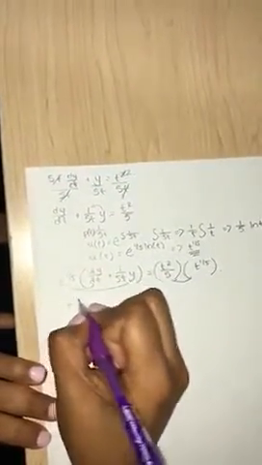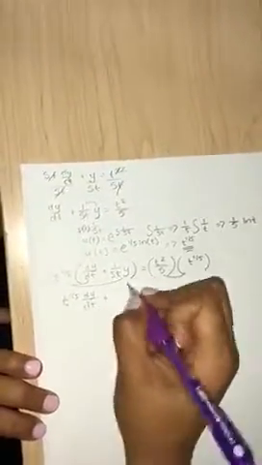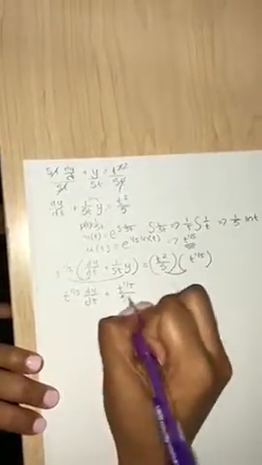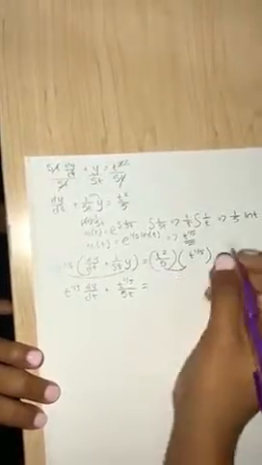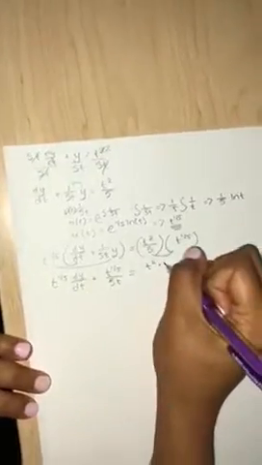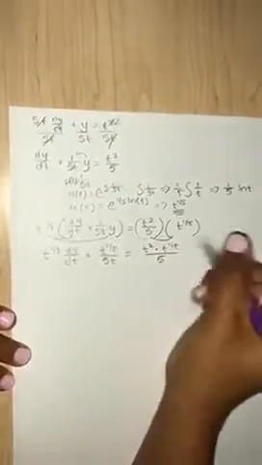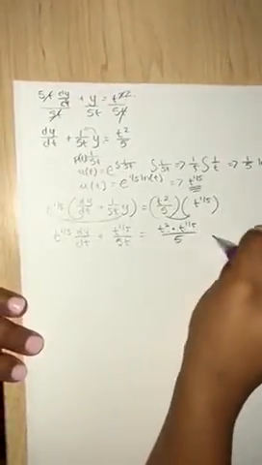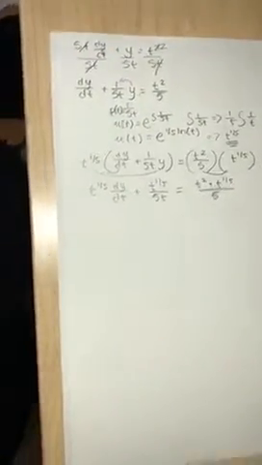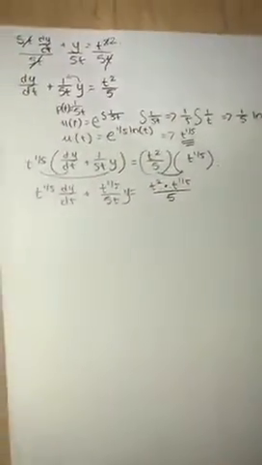So we have t to the 1 over 5 dy over dt plus t to the 1 over 5 over 5t equals t squared times t to the 1 over 5 over 5. Oh, I'm sorry, I missed the y here.